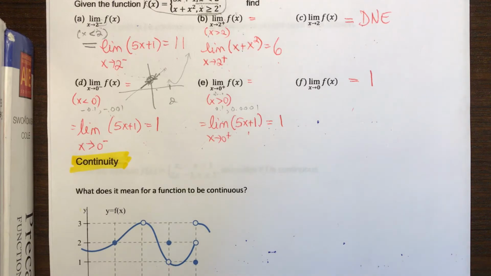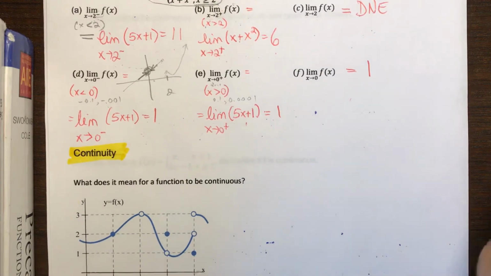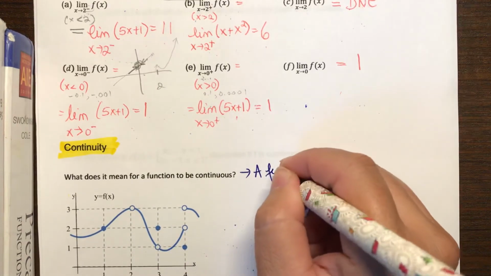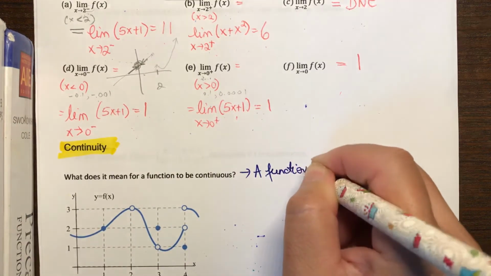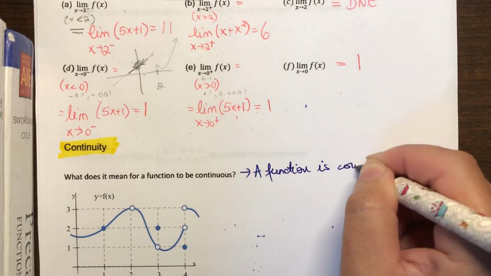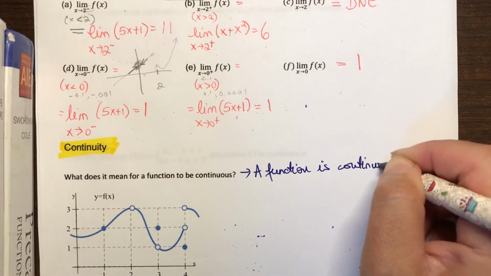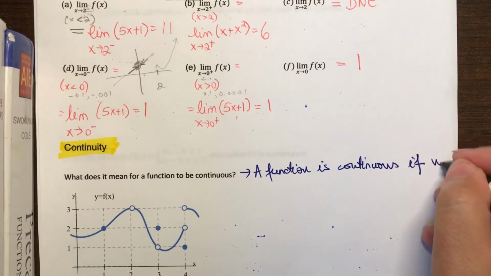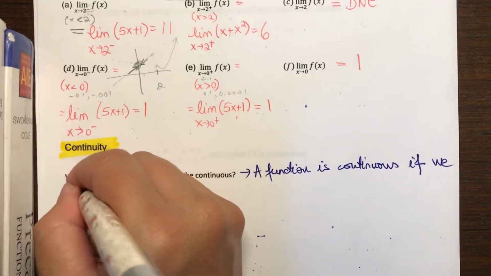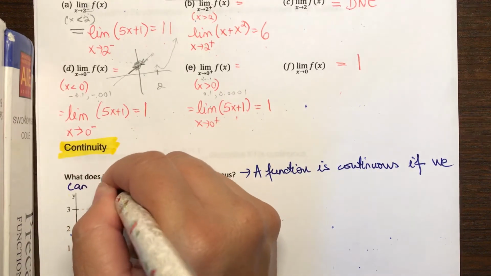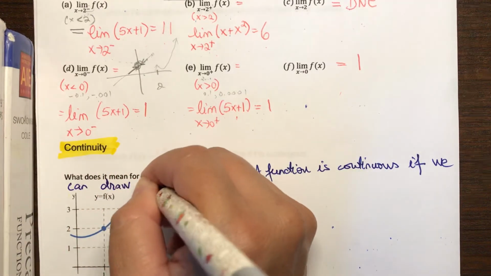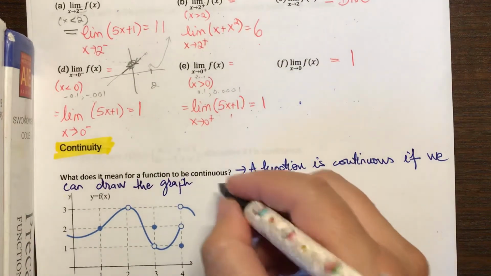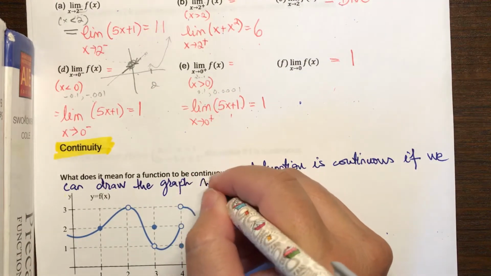So in layman's terms, a function is continuous if we can draw the graph without lifting the pen from the paper.